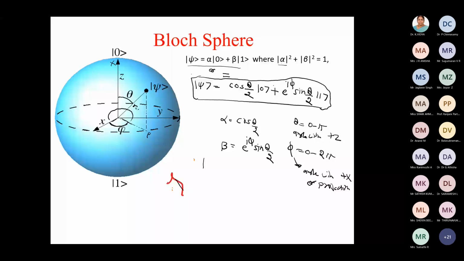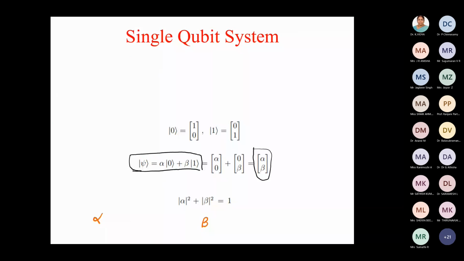So you can denote a single qubit state by a column vector, in which you write alpha and beta. And what are alpha and beta? They are the coefficient of state 0 and the coefficient of state 1. If I want to write the 0 state, what will alpha and beta be?